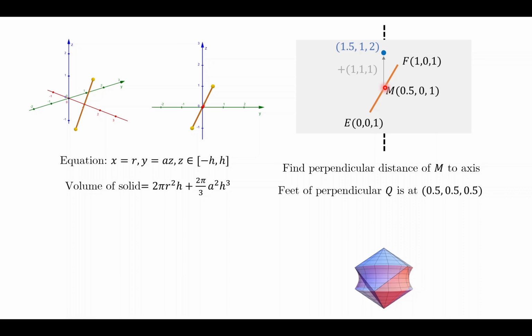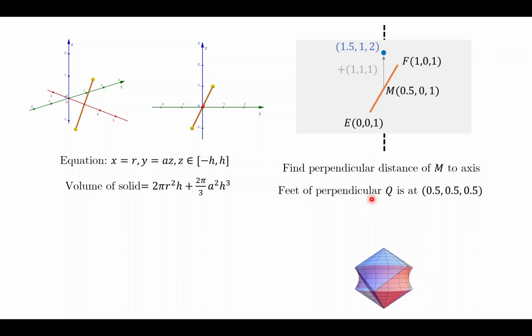Why the middle of the cube? The foot of the perpendicular from the midpoint to the axis is going to be the midpoint of this axis segment over here. You can see by symmetry considerations, the midpoint projected down the axis is basically the middle of the rotation axis, and in our case, it is the middle of the cube.